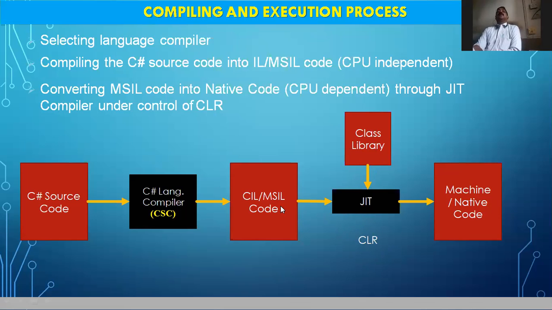The JIT compiler will interpret the code given by the MSIL, and the new machine code will be generated. So this is the compilation and execution process of our C# program.